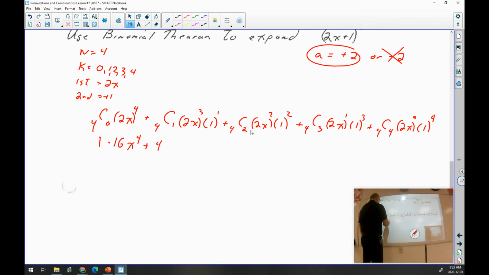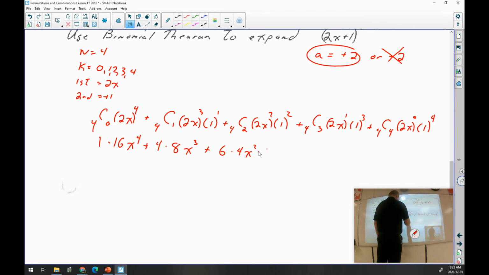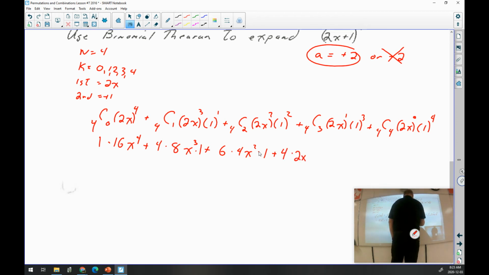We have 4 times 8x cubed, plus 6 times 4x squared times 1, plus 4 times 2x times 1, plus 1 times 1, since anything raised to the power of 0 is 1.